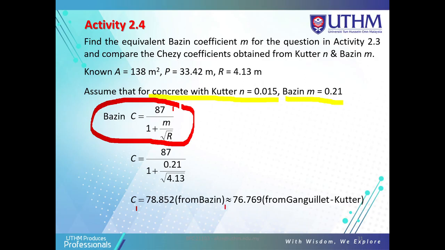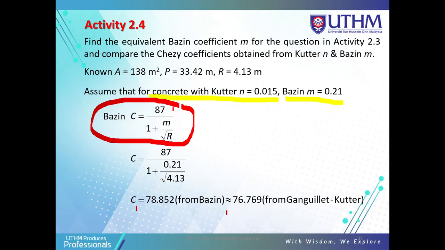But for Kutter, you get 6.769, which is from the previous slide using the Kutter formula.